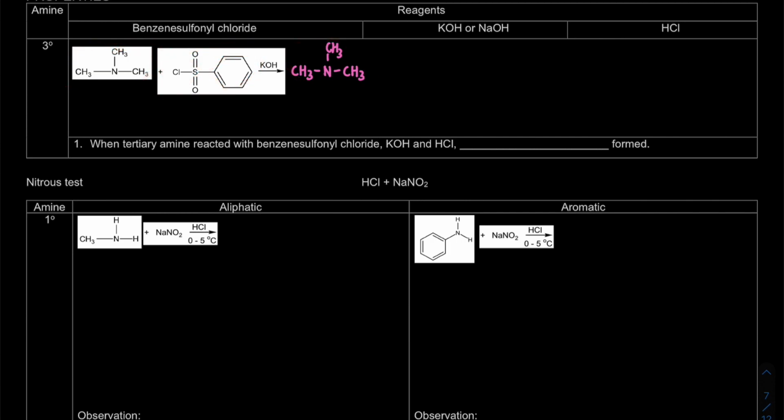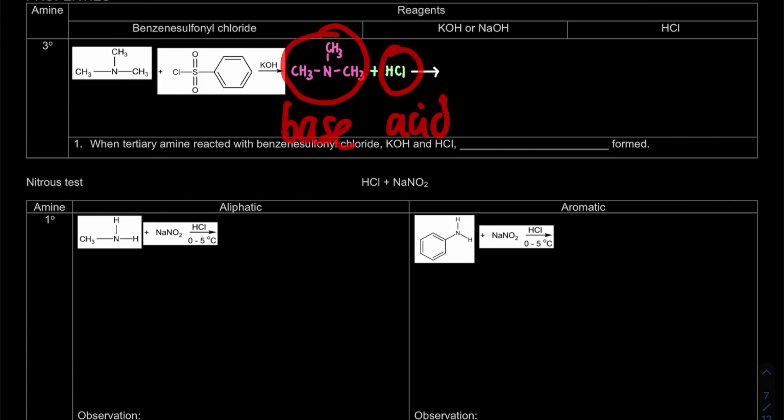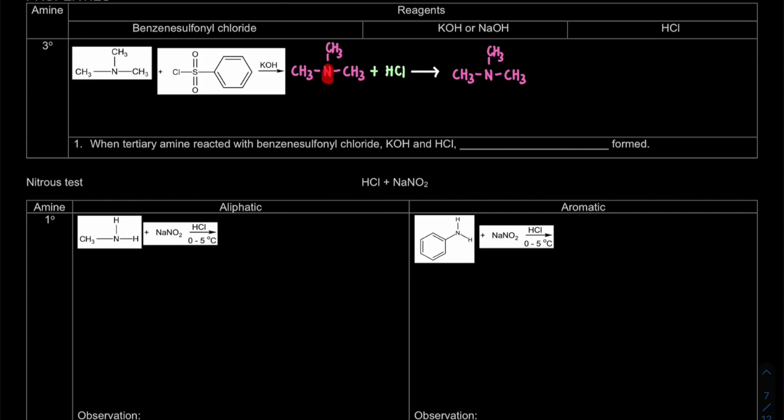Okay, next, for the tertiary amine, it reacts with HCl. So we're going to write down plus HCl. Right now, our base can react with HCl. This is our base, this is our acid. So when they react together, we will form a salt. So how does this reaction work? We write down our amine again. The nitrogen will donate its lone pair to the hydrogen, so it bonds directly to HCl.